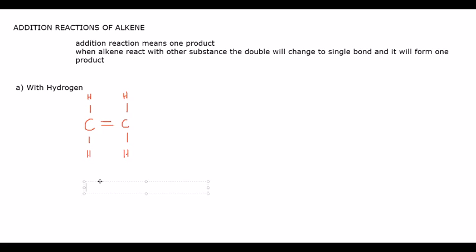The prefix used for two is eth. Because there are two carbons, it is eth, and because they have a double bond between them, it is ene. So it is ethene.